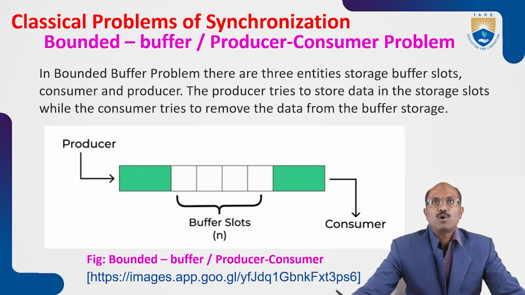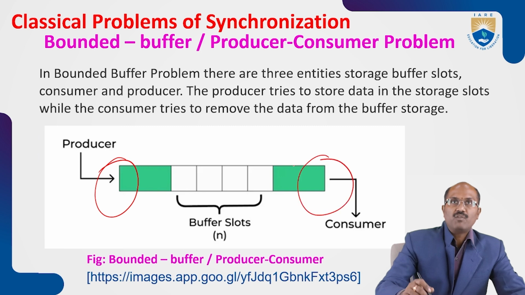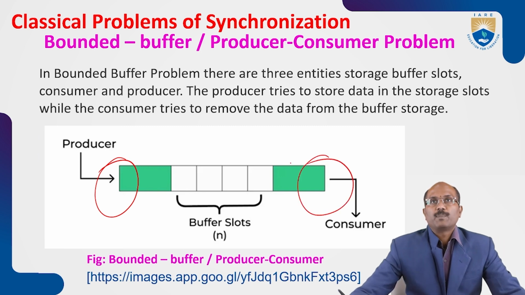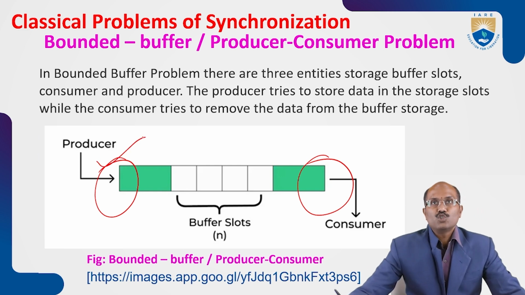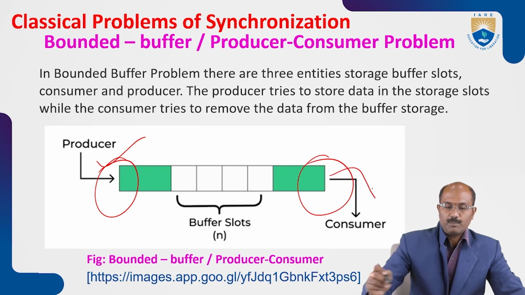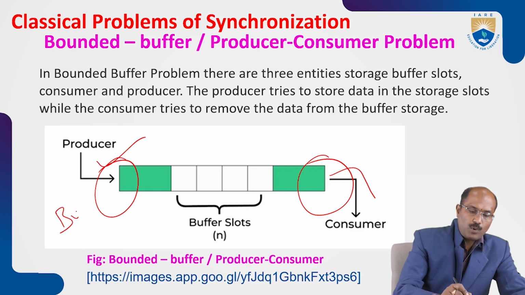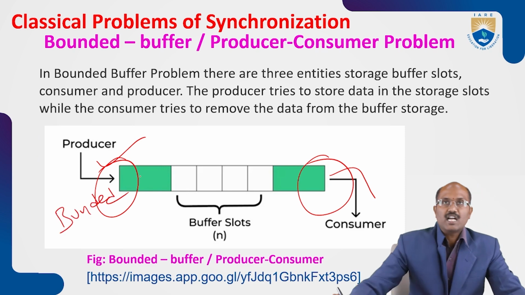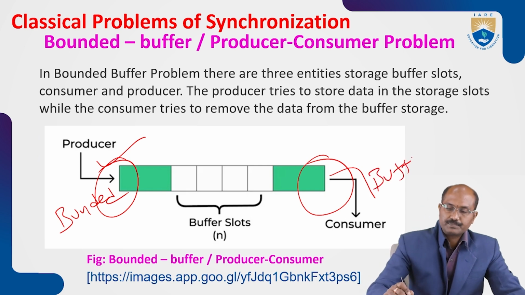So the producer comes under the bounded part, and the consumer comes under the buffer part.